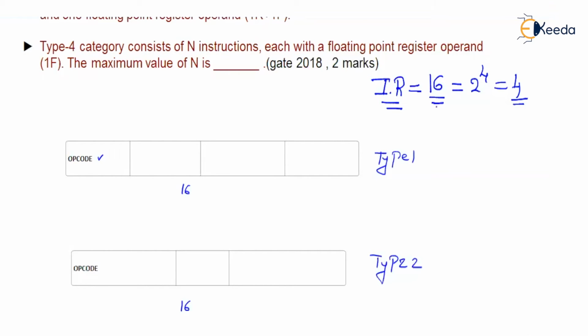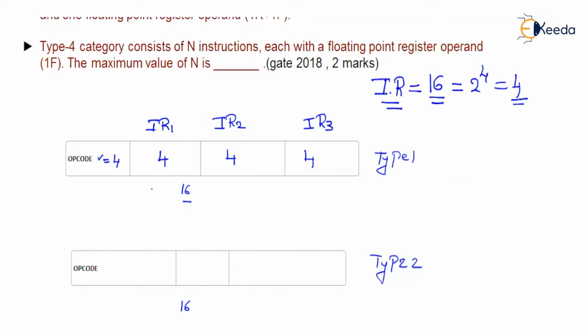Now, for type 1, in addition to the opcode, I have 3 integer register fields: integer register field 1, field 2, and field 3. Each integer register field takes 4 bits, so 4, 4, 4, and the total is equal to 16.